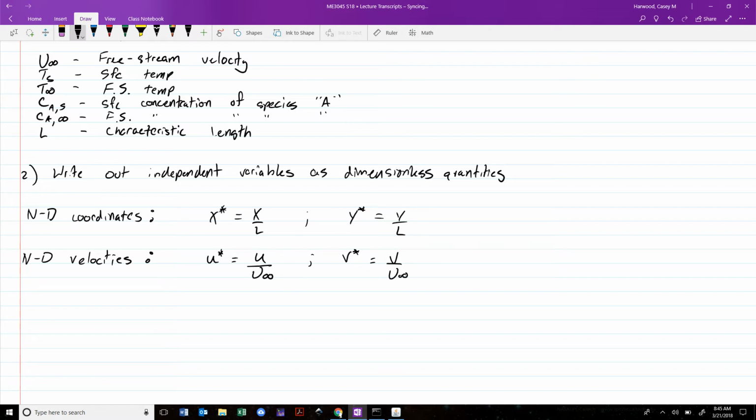So once again, the local velocities U and V relative to the free stream velocity. Similarly, say we have a non-dimensional pressure, which is going to be P star equal to P over 1/2 rho U infinity squared.